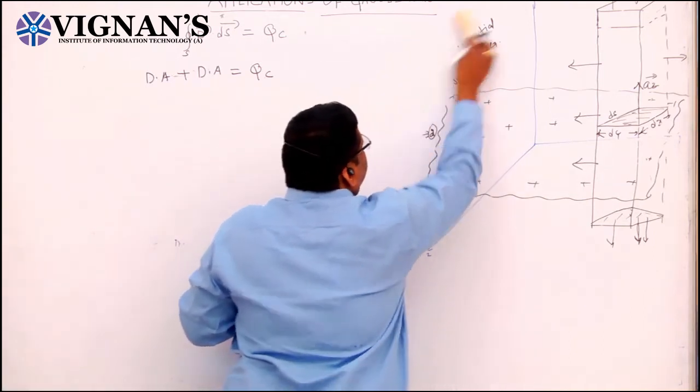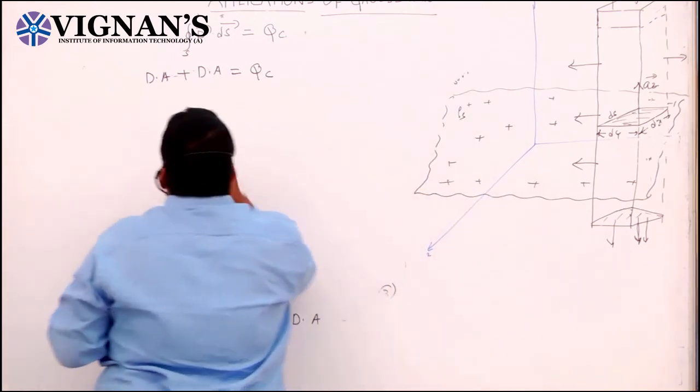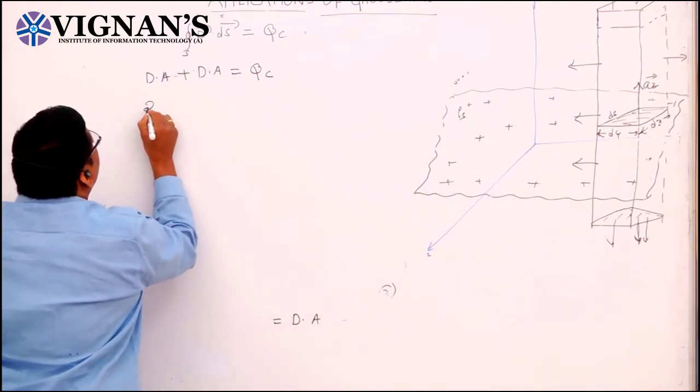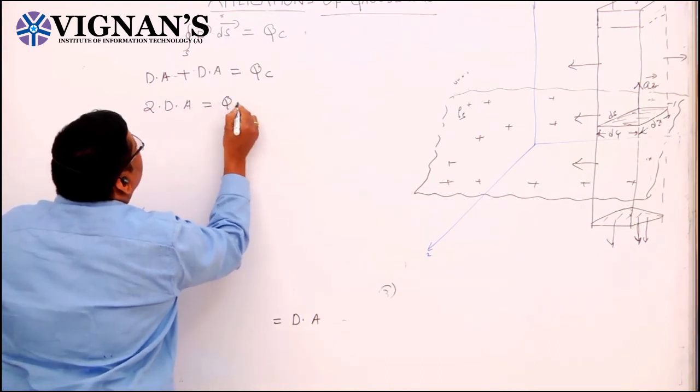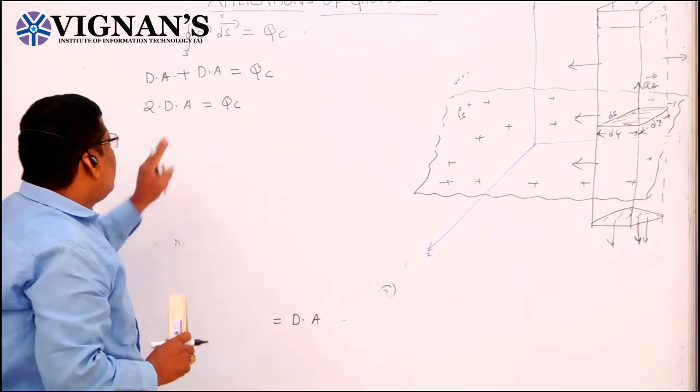See here, these two values become the same value. So 2 into D into A equals Qc. Now the left hand side is over.